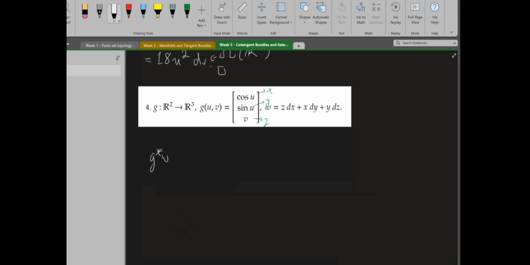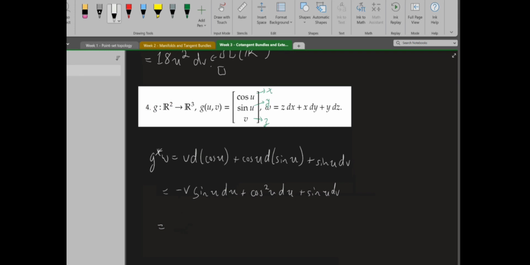And we want to do G star omega equals, well, z is v dx, which is d cosine u, plus x, which is cosine u, dy, which is d sine u, plus y, which is sine u, dz, which is dv. Now evaluate: negative v sine u du plus cosine squared u du plus sine u dv.